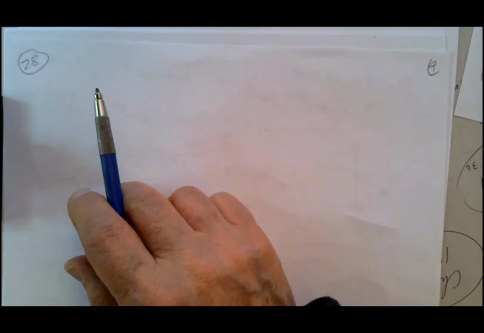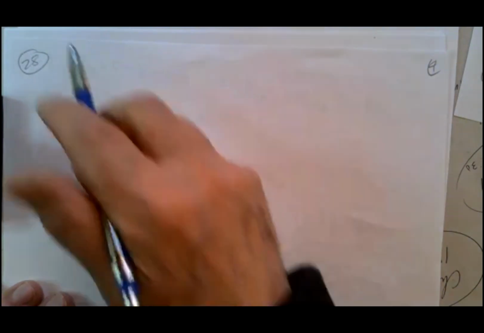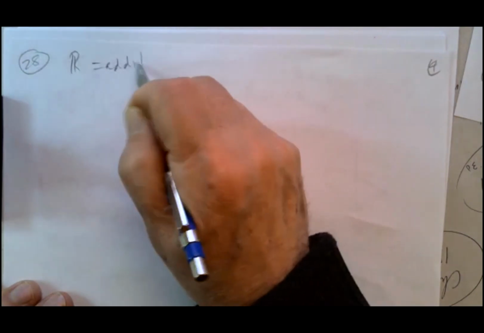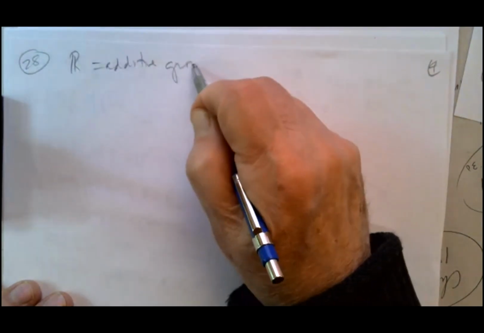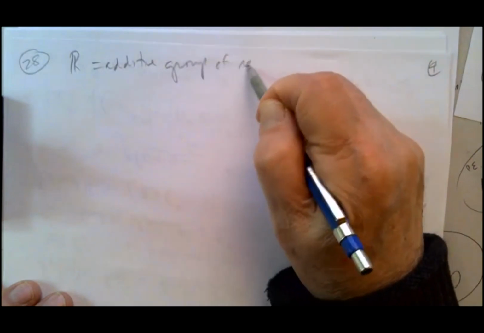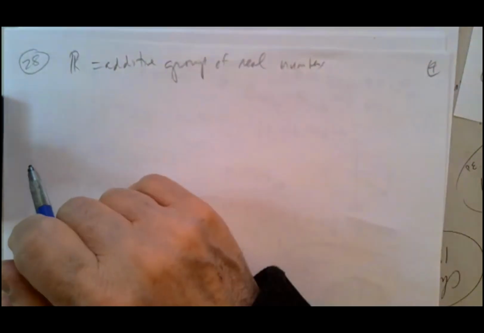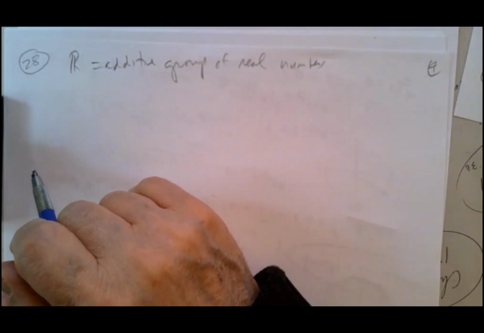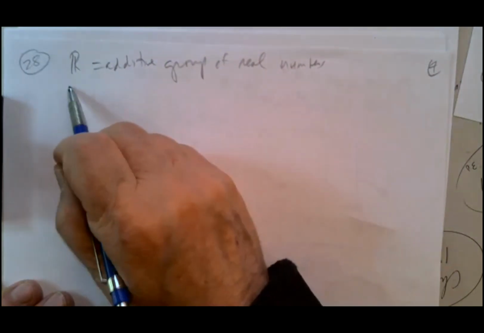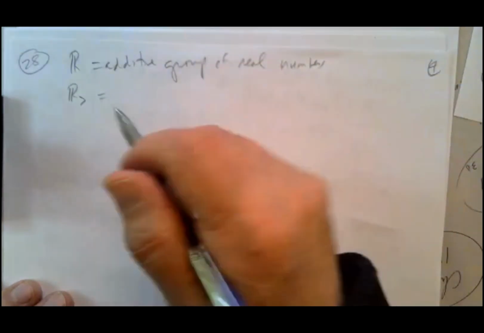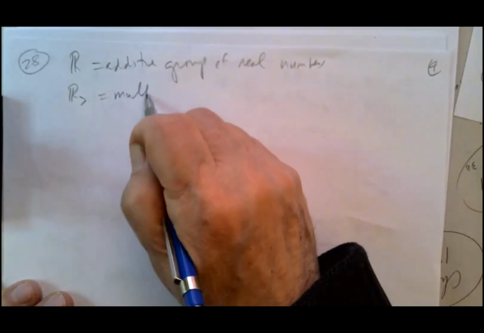In problem 28 in the algebra review sheet, R is the additive group of real numbers. That just means you add the numbers. And R with a greater than sign, this is the set of positive numbers, and that's a multiplicative group.